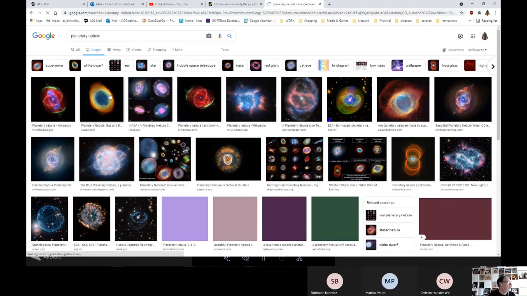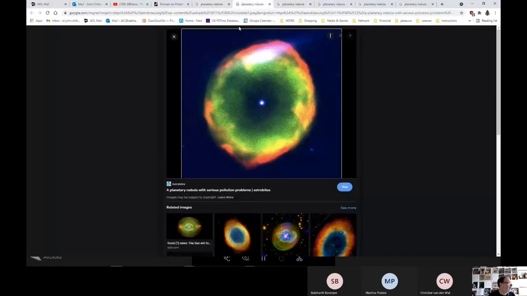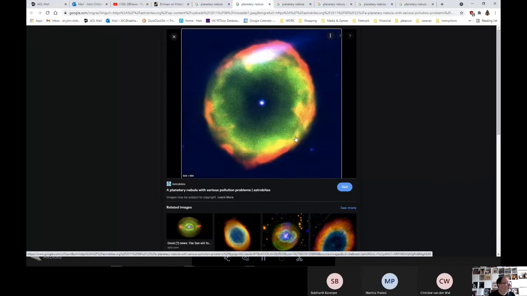These are typical images of planetary nebula. Let's have a look at that one. That one's kind of interesting. If I look at this one here, you can see the shape.